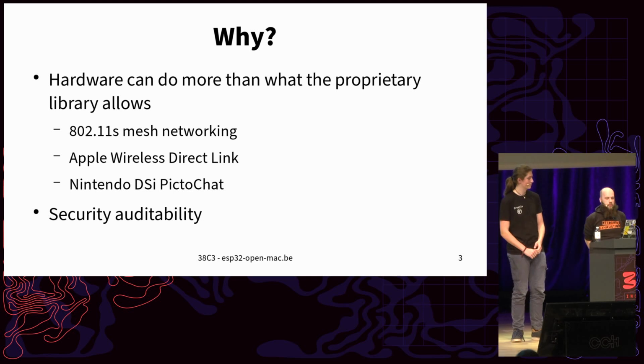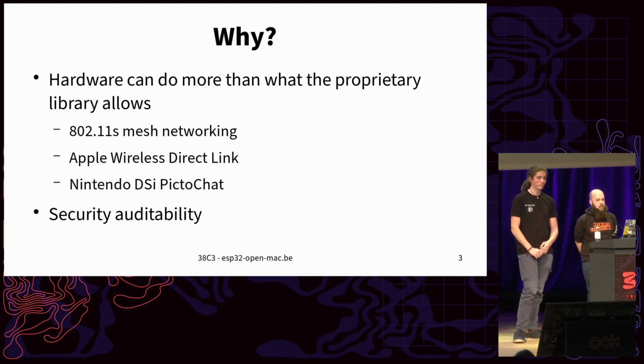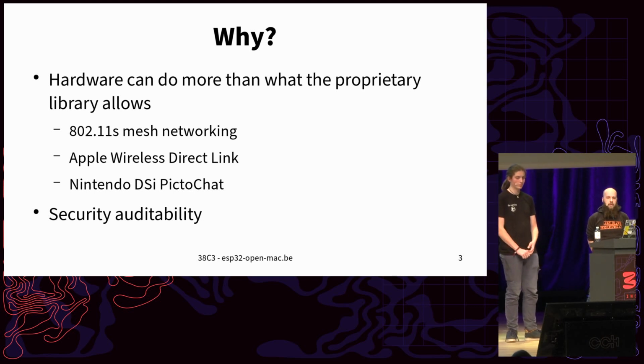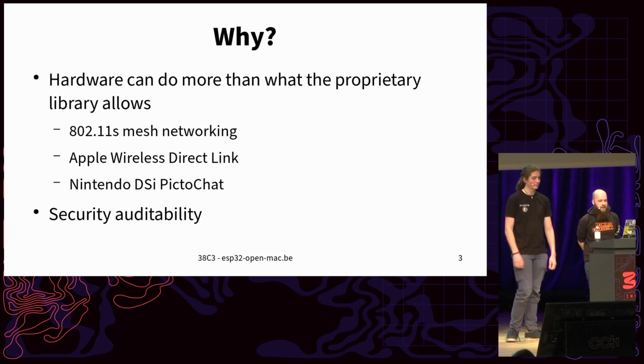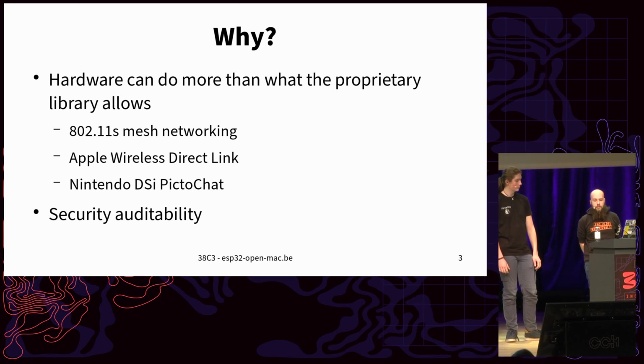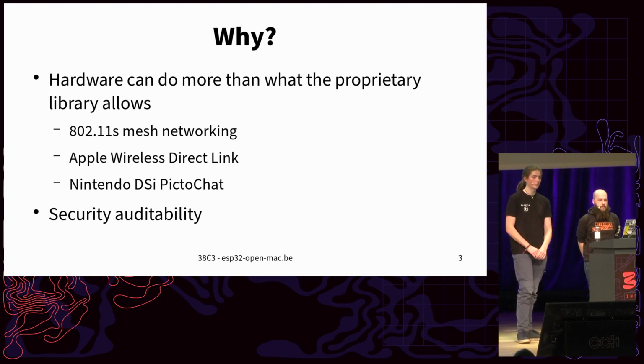Simon here is also working on implementing Apple Wireless Direct Link, and someone even recently joined the chat and told us they are working on reverse engineering the Nintendo DSi PictoChat implementation, which is pretty funny using the ESP32. And then another reason, security auditability.